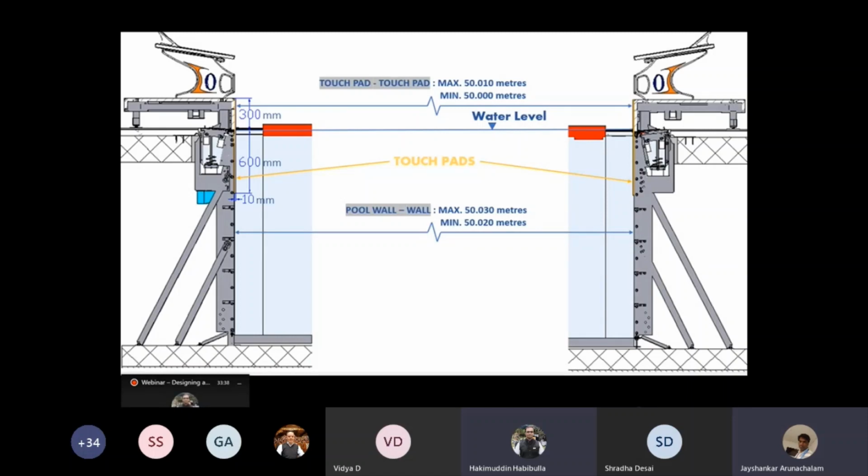And today we've seen in India that this has been one of the challenges with many of the former pools that have been built, that there have been some challenges in the dimensional tolerances. But this is the level of detail that FINA looks at closely when recognizing any world records or Olympic qualifications.